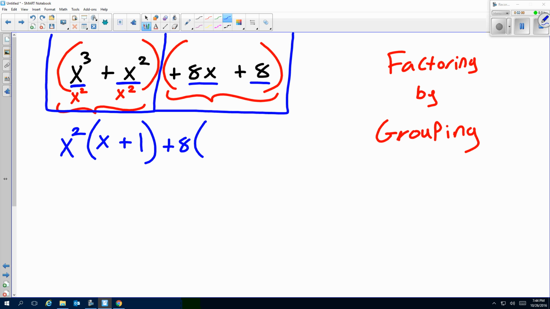Now when I factor out that positive 8, again, I'm dividing it out, I'm left with x plus 1. Now this is really cool because what happened here is I realized I have something in common. I have an x plus 1, the same thing. Now what that means is since they're in common, I can factor these out.